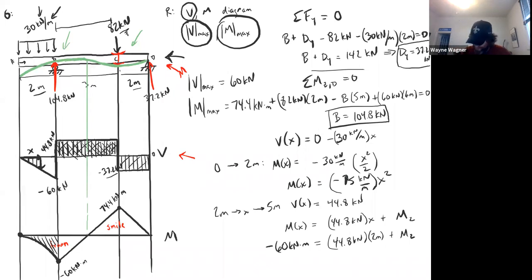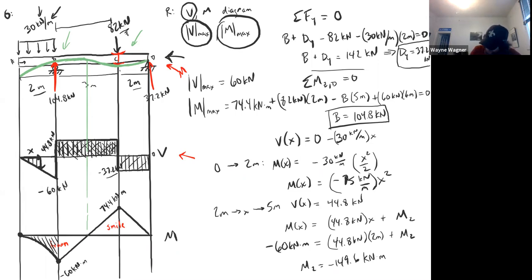Okay, right. 44.8 times 2 plus 60. I wasn't expecting 149.6 either. Oh, yeah, okay, that's fine. All right. So we're going to get M2 equals negative 149.6 kilonewtons times meters.